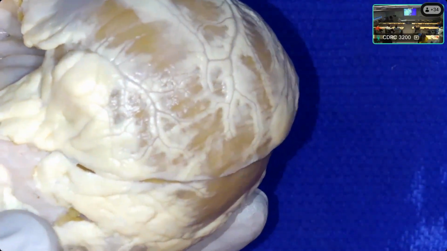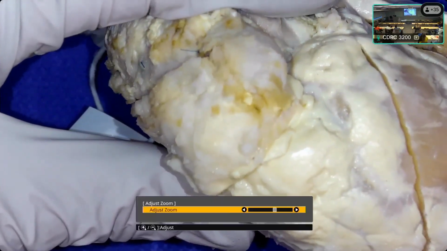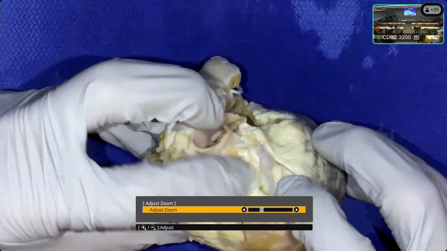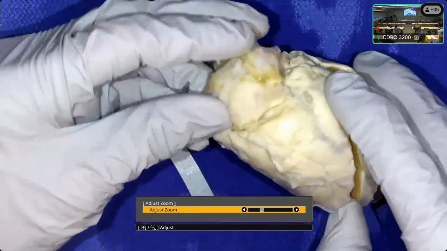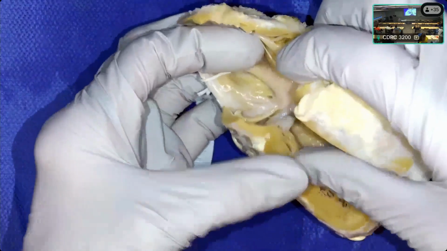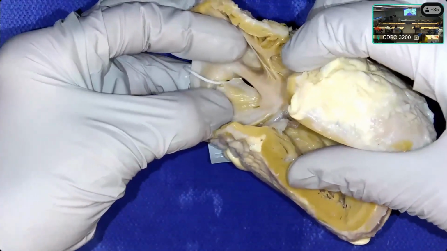Okay, so we're going to move on to talk about pulmonary atresia intact septum. This specimen is quite large, and there was pulmonary atresia, but the right ventricle has all three of its components.